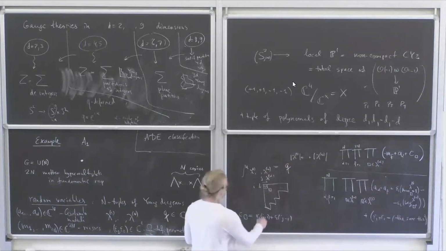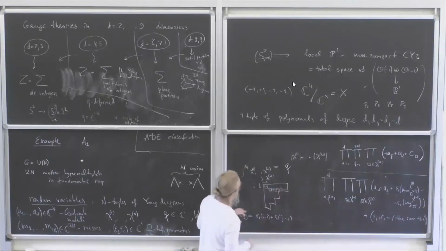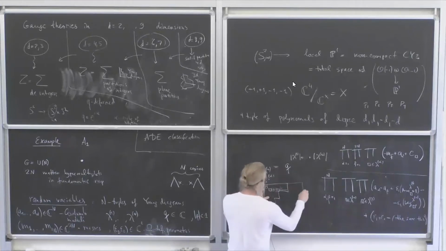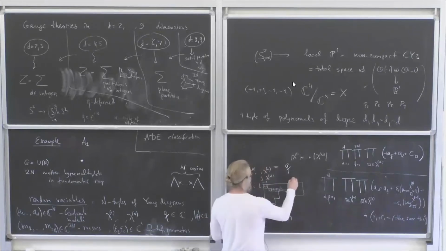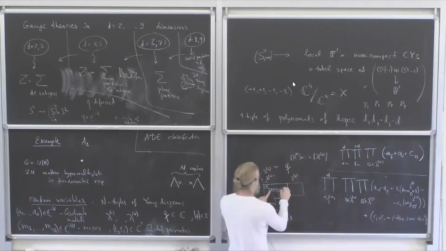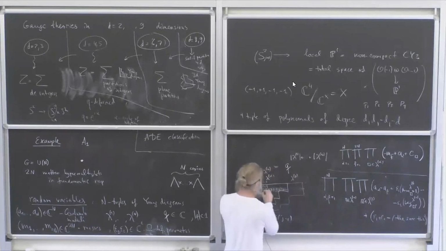So the arm is a number of boxes which are to the right of a given box, and you can define it even for two diagrams. So this is lambda alpha. You draw lambda beta, and you need to compare the position of the box in the first diagram relative to the row of the second diagram.